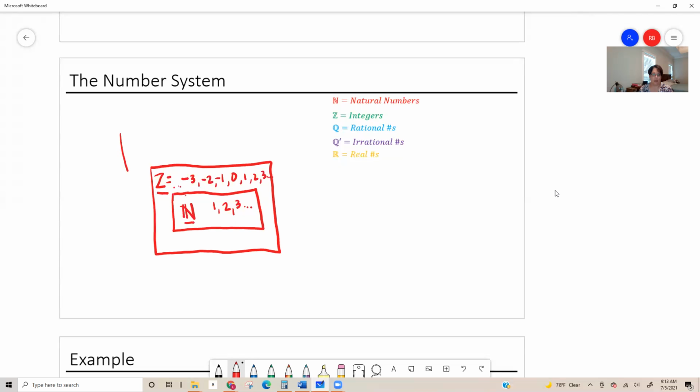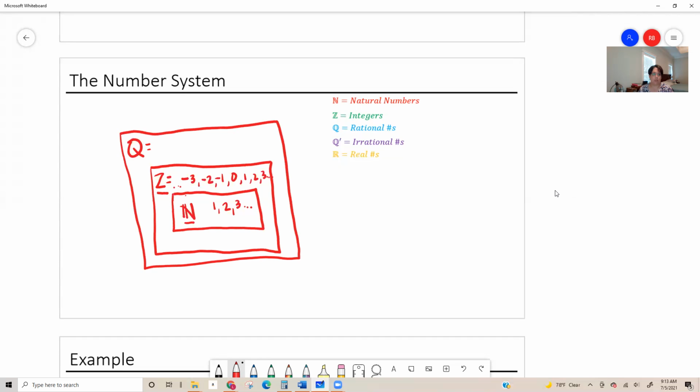Then the next one is the rational numbers. Remember that the rational numbers are going to put in all of the pretty fractions and repeating decimals.